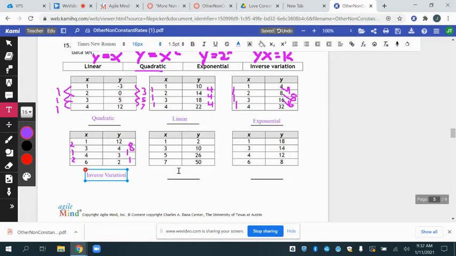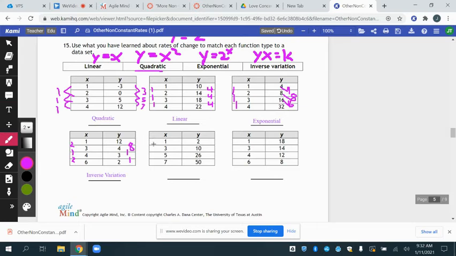Okay, the next one. 2, 2, 2. So this guy's going up by 2, which is great. This guy's going up by 8, then 16, and then 24.